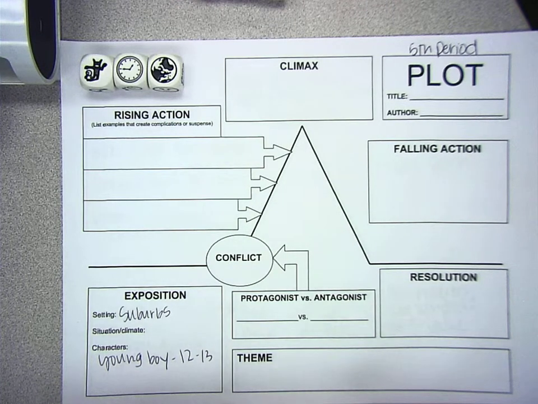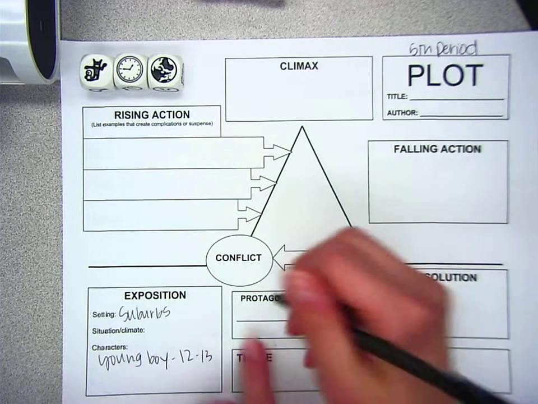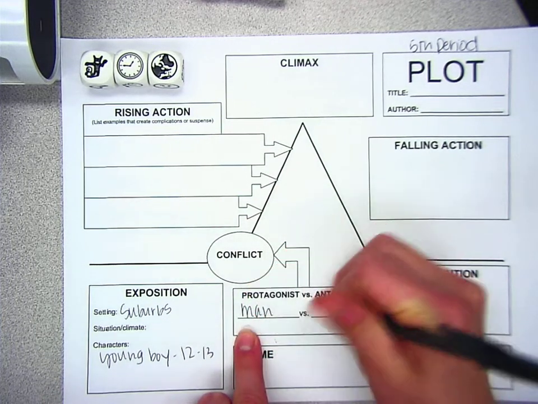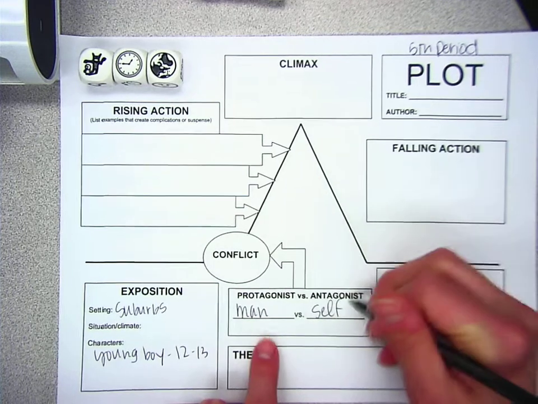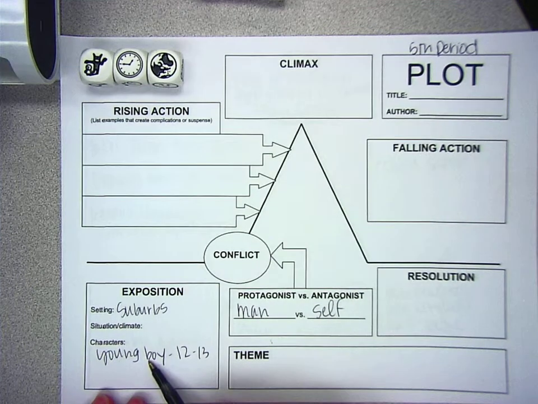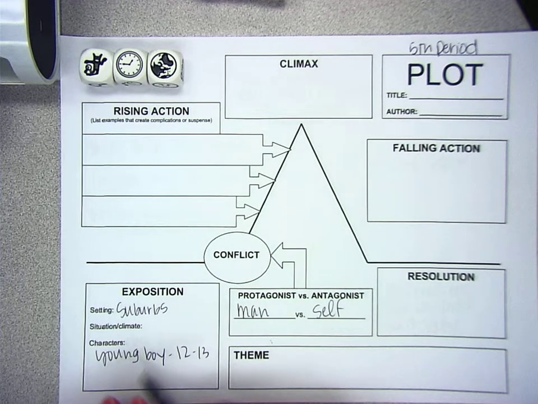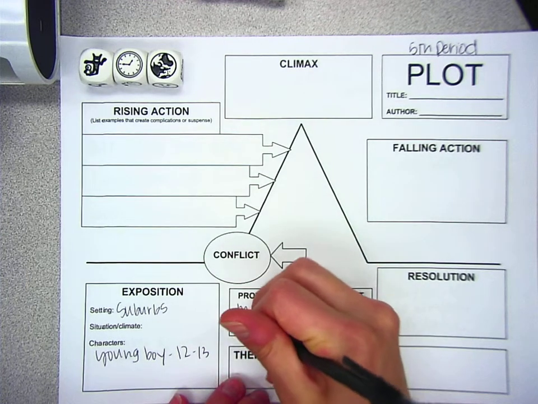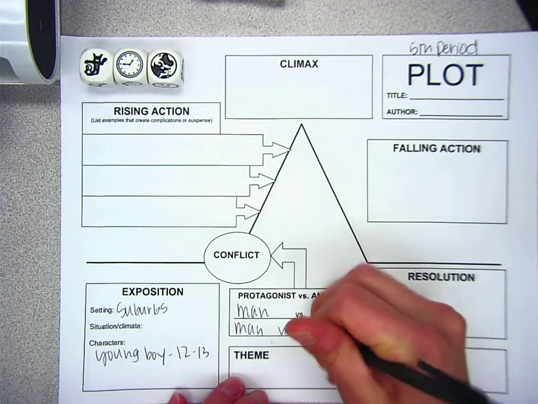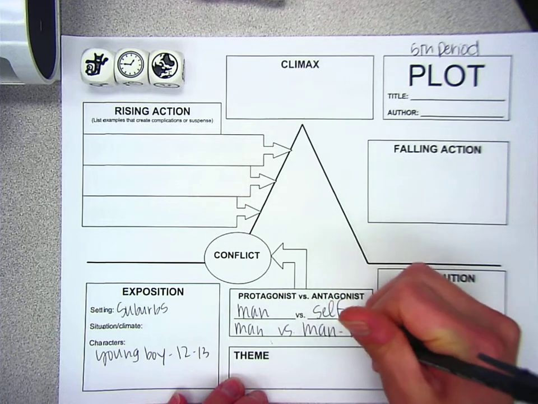Maybe he's unsure of himself. So I'm going to have a man versus self conflict where this boy is not sure of who he is yet, and he doesn't really feel like he has much to offer the world. Yeah, well, I think there is also a man versus man conflict with the monsters.